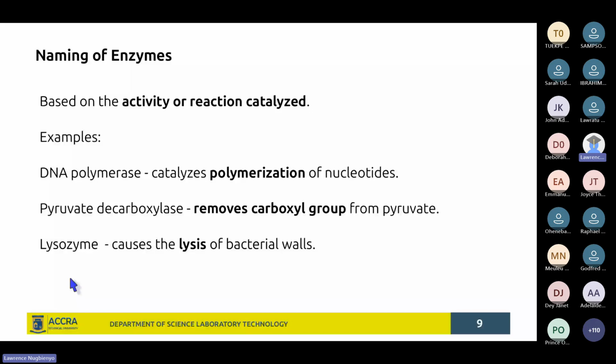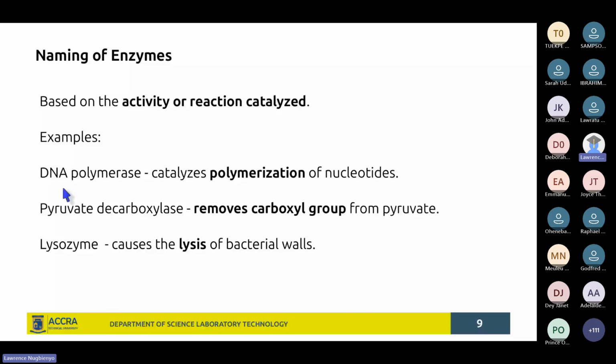Another way that enzymes are named is by the activity or the reaction that the enzyme is catalyzing. So you do hear the name DNA polymerase. And what does DNA polymerase do? DNA polymerase catalyzes the process of polymerization of nucleotides.